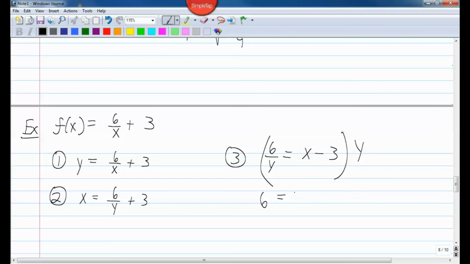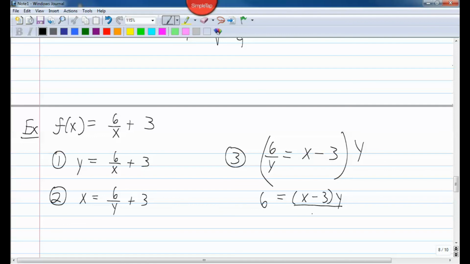On the right side, instead of multiplying the y times both terms, I'm going to leave the right side of the equation as x minus 3 times y. The reason why I did not multiply it in is because if I multiply it in, then I'm going to have to turn around and just factor it back out to solve for y.